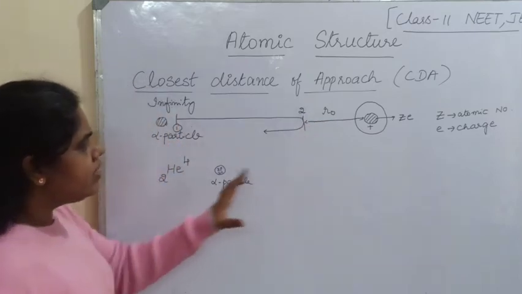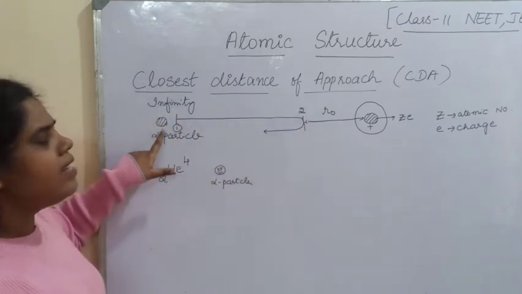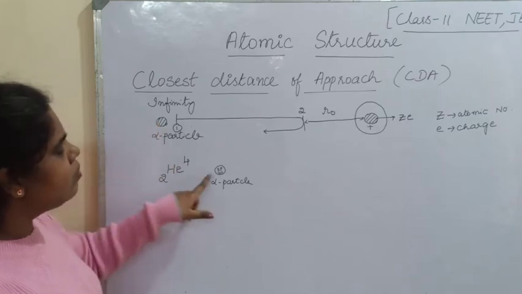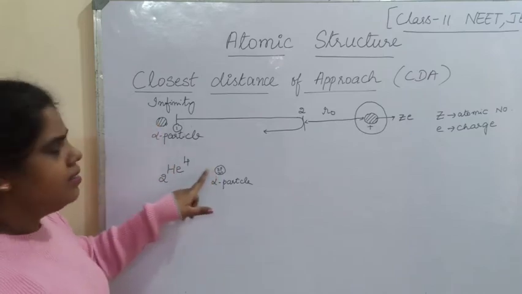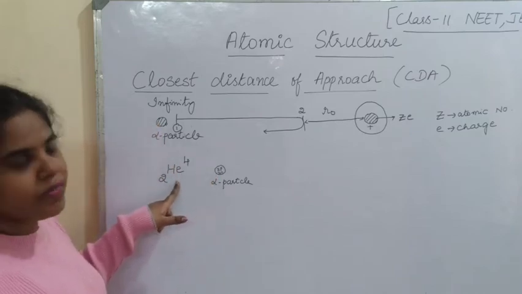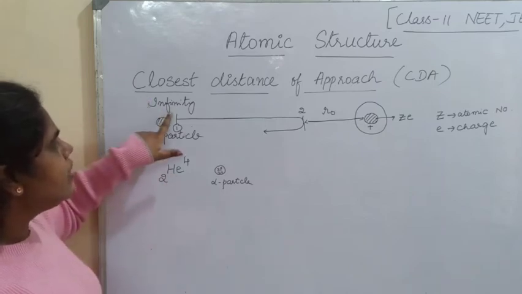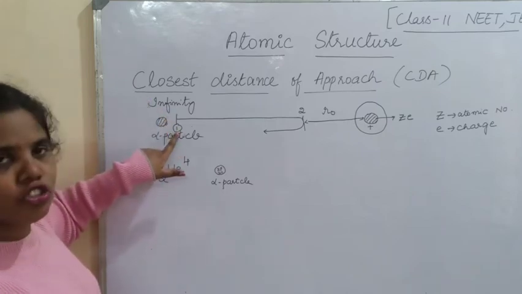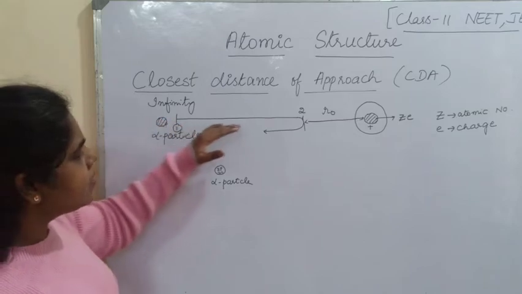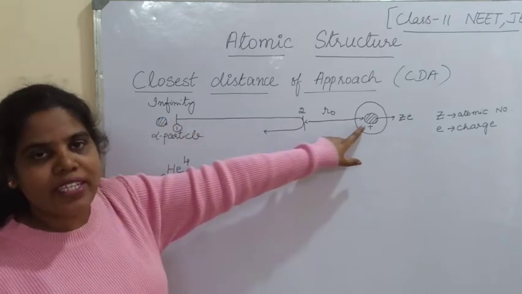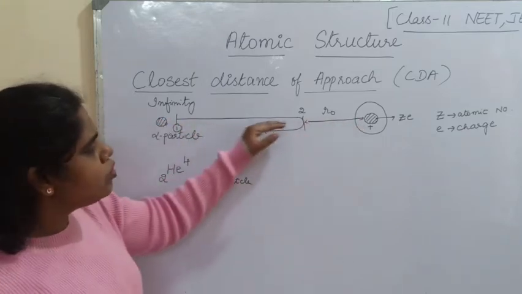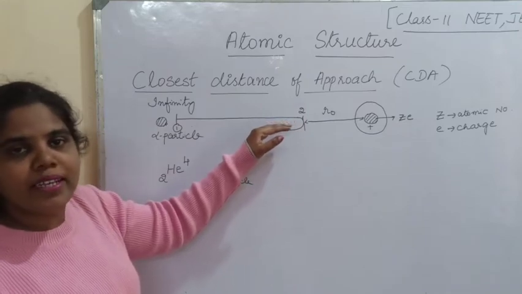Once again, see here, we have taken an alpha particle, which is the nucleus of the helium atom, at infinity, which we have taken as position 1. This will be accelerated towards the nucleus of the atom. As it approaches, the repulsive force between them will increase.